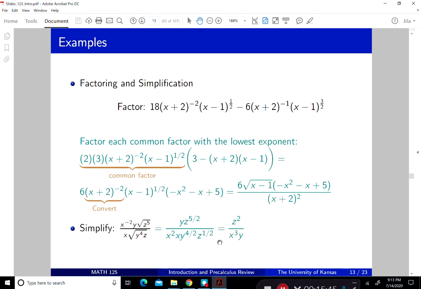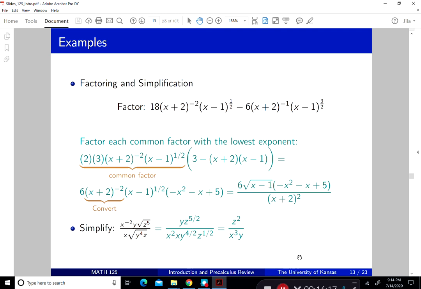So the next part is to simplify 5/2 and 1/2. So z to the power 5/2 over z to the power 1/2. It's a quotient with the same base, so you subtract the exponents and you get z to the power 2, x to the power 2 times x to the power 3, and y to the power 4/2 is just y to the power 2.